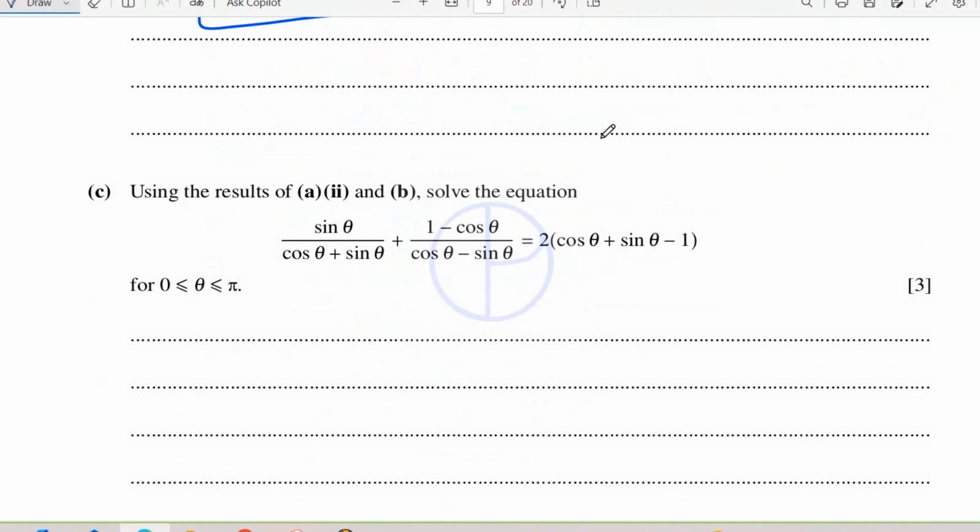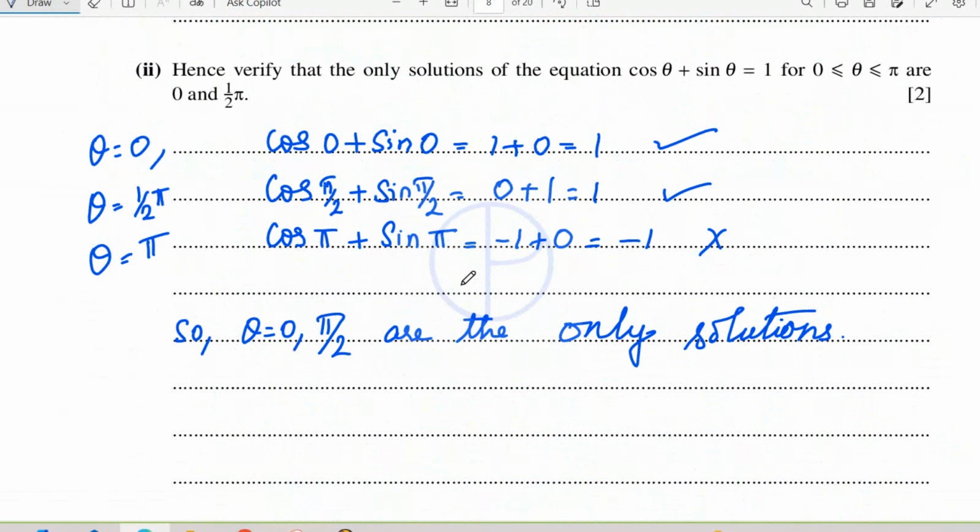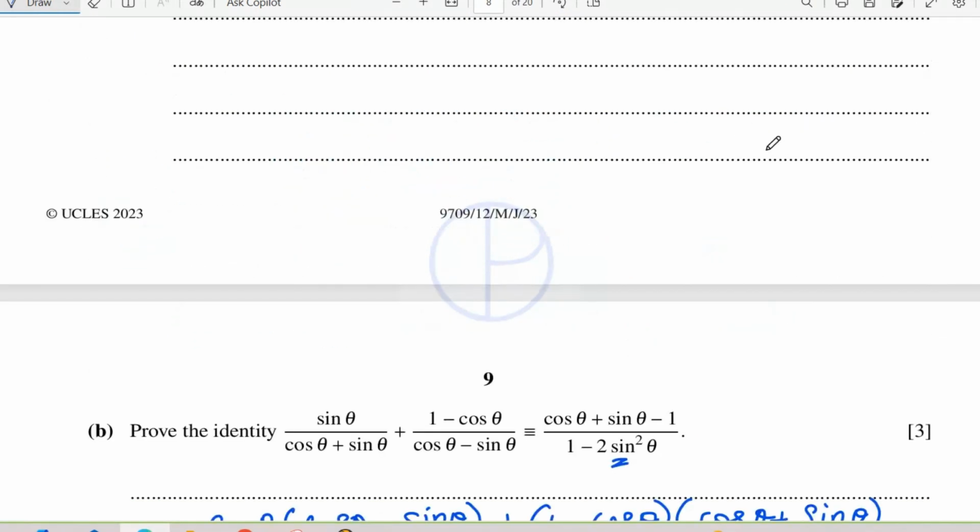Next part of the question is using the results of A, 2 and B, solve the equation. So what is the result of A of 2? So it says that cos theta plus sin theta equal to 1 has only two solutions. Okay.